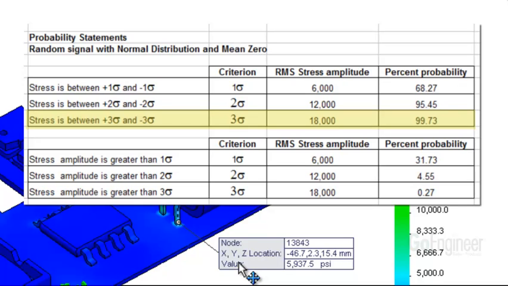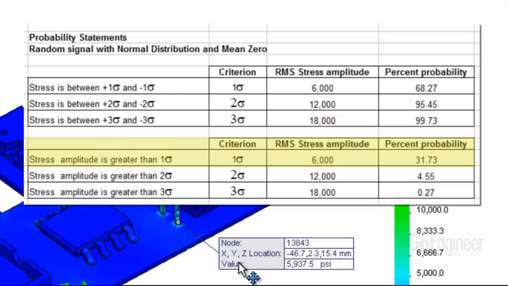Again, from probability theory, you can state that stresses will be between plus 3 sigma and minus 3 sigma about 99.7% of the time. Other equivalent statements you can make include the probability that the stress will be between plus 6,000 psi and minus 6,000 psi is about 68%.